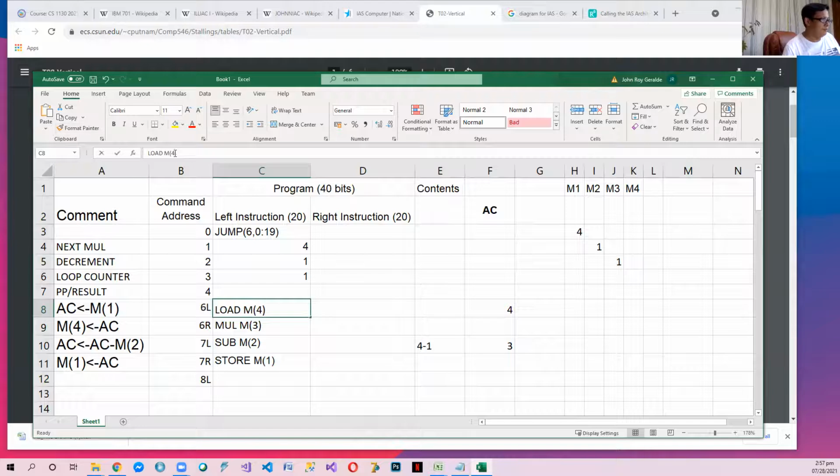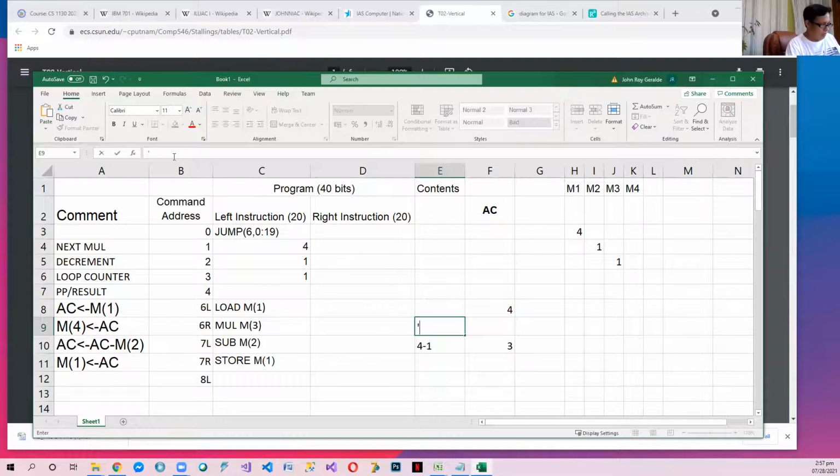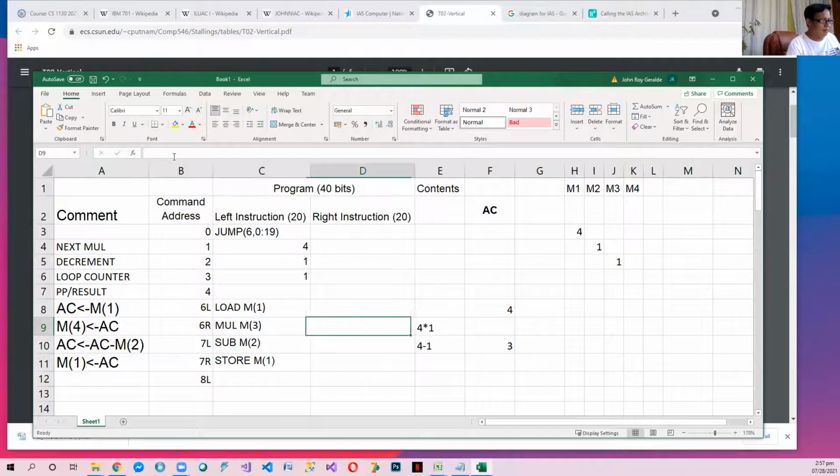AC will become 4 and we multiply with M3. The next multiplier is a 1. So, mole M3, so the contents will be 4 times 1. Okay. So this becomes 4.